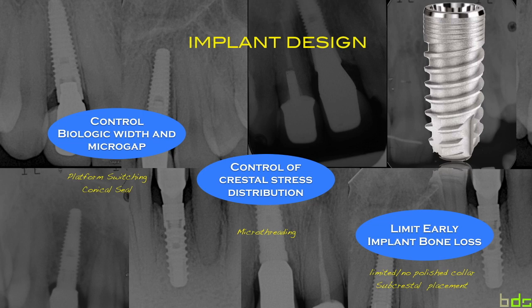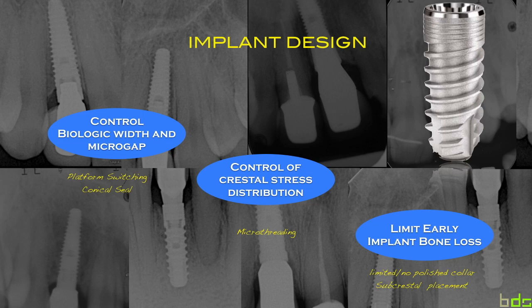We have to control the crestal stress distribution around implants by using microthreading, and also limit early implant bone loss with a limited polished collar. Now, some of the implants that are placed subcrestally are designed to be placed with no polished collar.